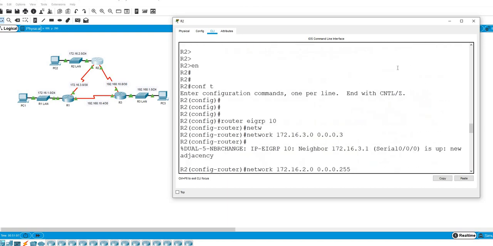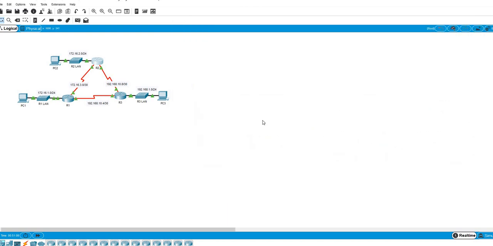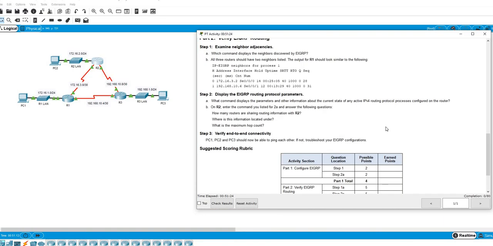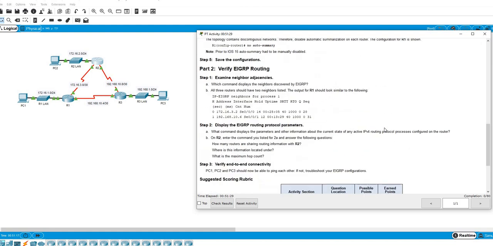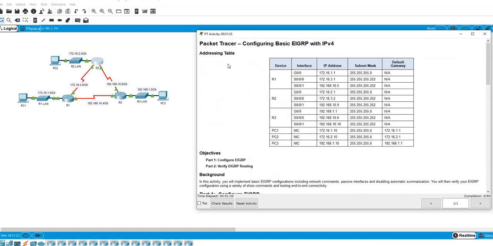So that's the verification and configuration of our EIGRP, and that's the Packet Tracer Lab configuration of basic EIGRP with IPv4.